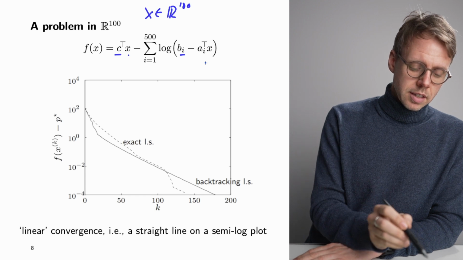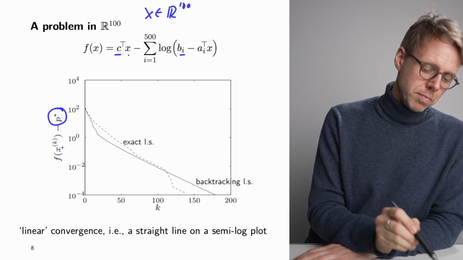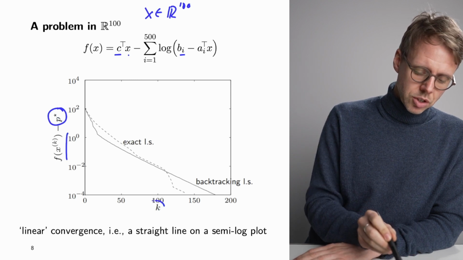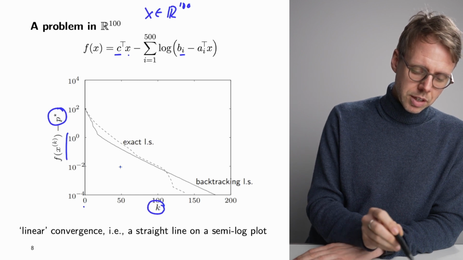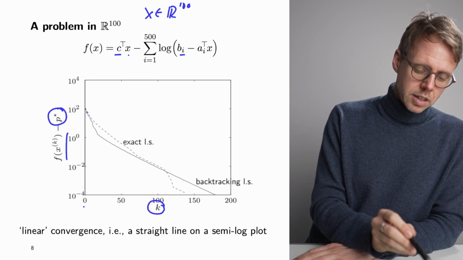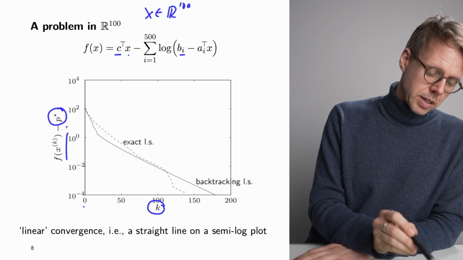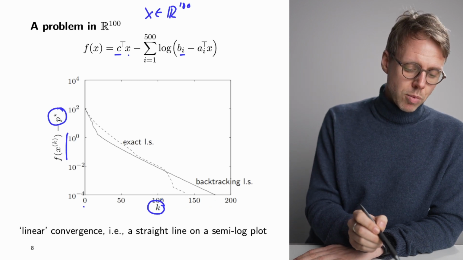If we compare the distance between our minimum p star and our current estimate as a function of the current iteration, starting at iteration 0, then as we iterate, the distance between our current estimate and the optimum obviously gets smaller.